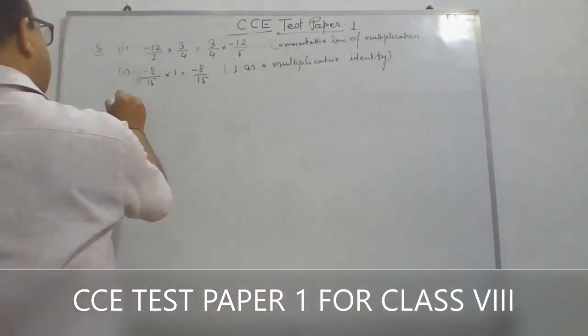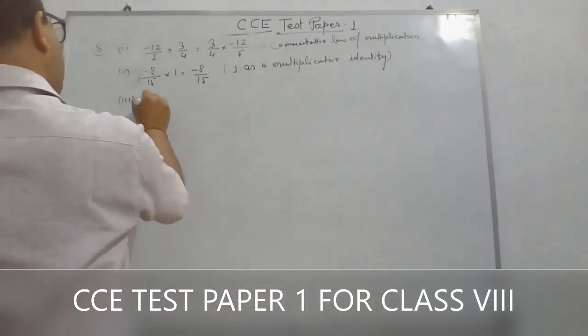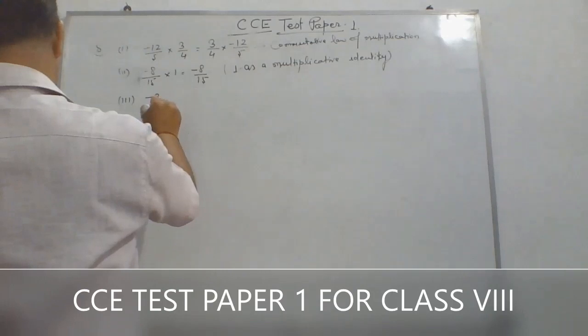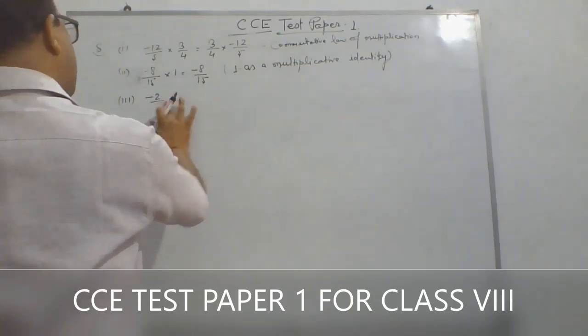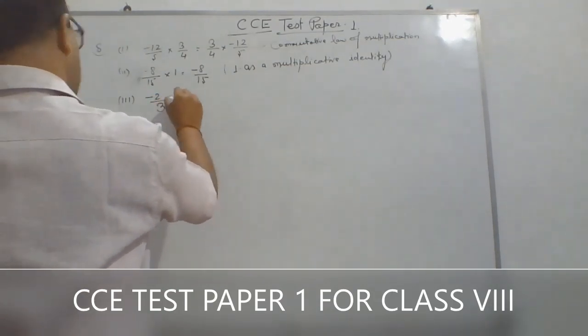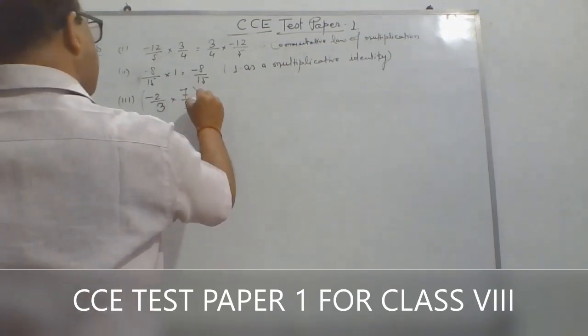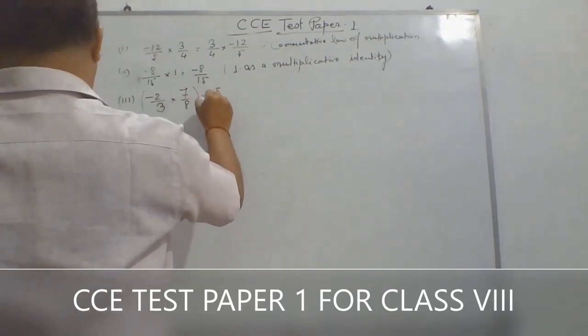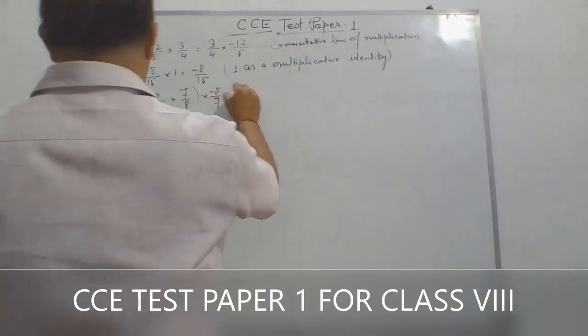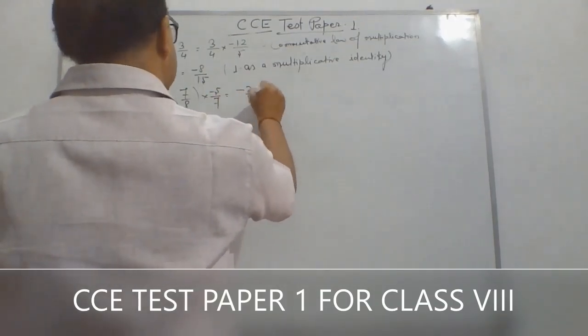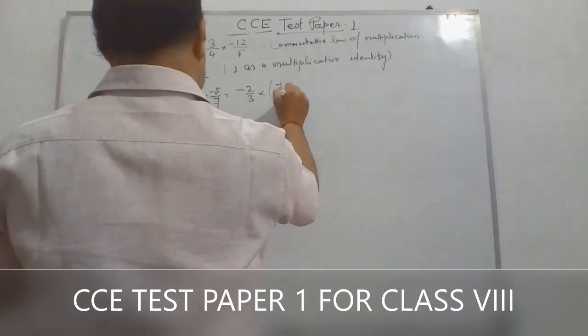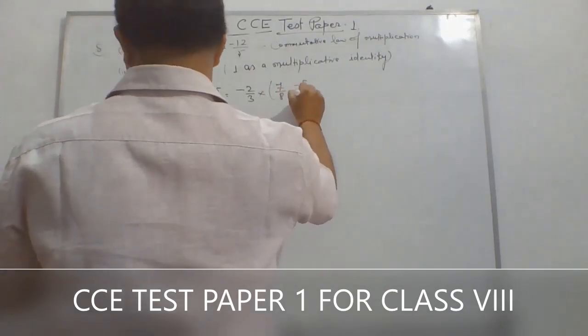In question number 3, minus 2 by 7 into, under bracket, minus 2 by 3 into 7 by 8, into minus 5 by 7 is equal to minus 2 by 3 into 7 by 8 into minus 5 by 7.